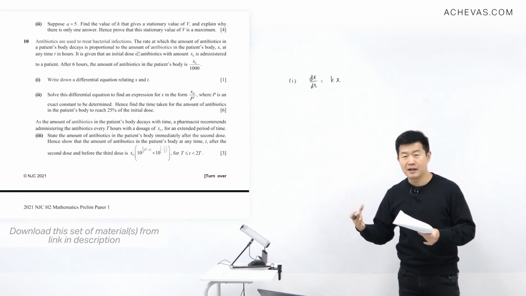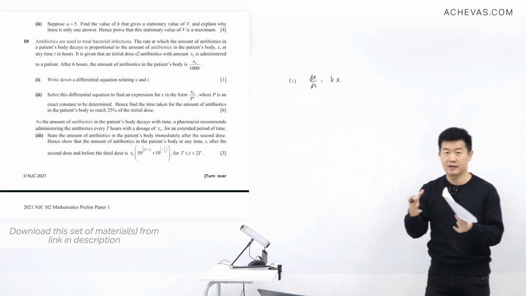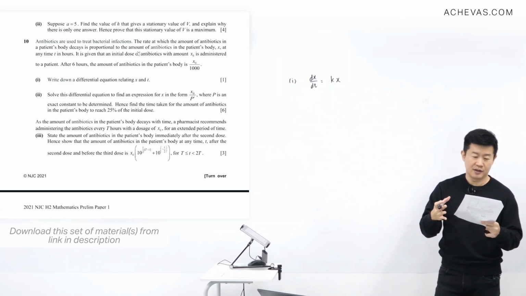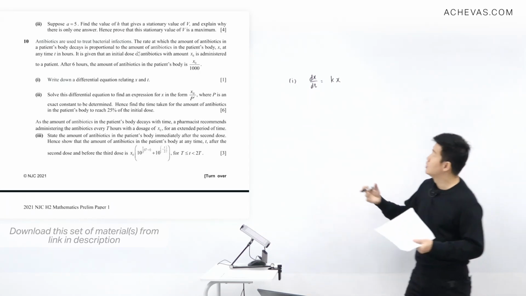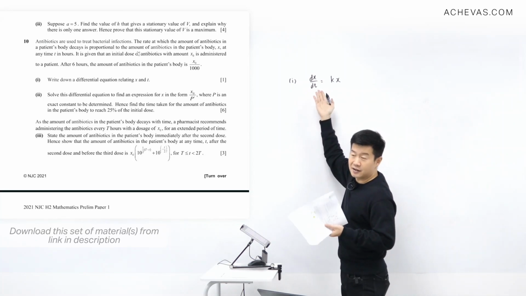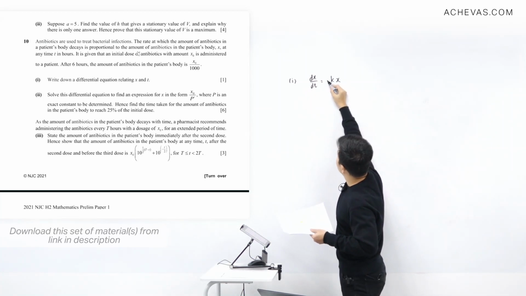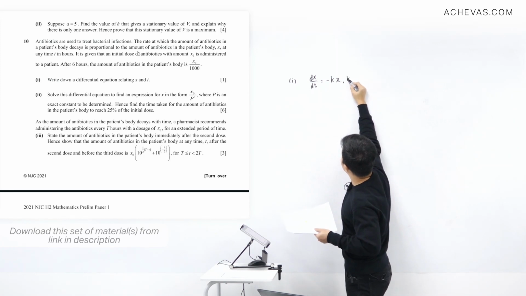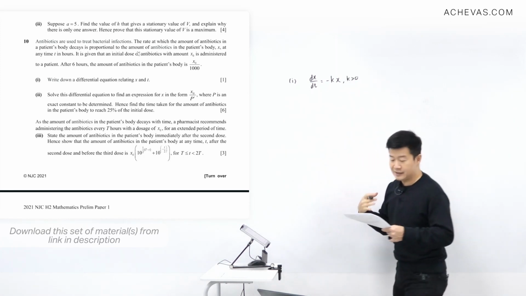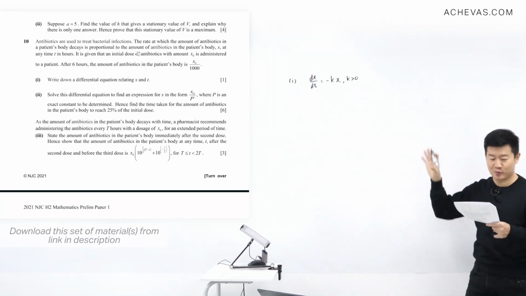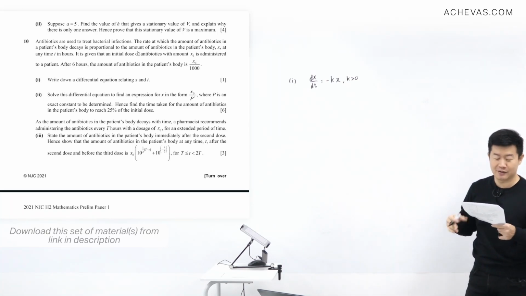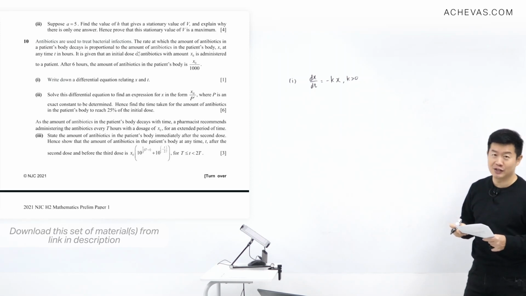A decay means that as time increases, x will decrease. As time increases, the amount of antibiotics will decrease. So dx dt is a decreasing value. So if I were to just add a negative and impose the fact that a is bigger than 0, this adds a little bit more depth into my differential equation, and I think this is probably a better version.